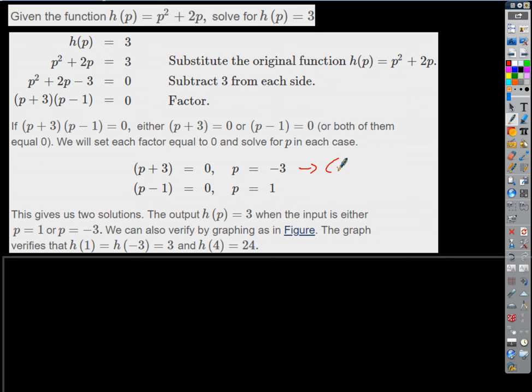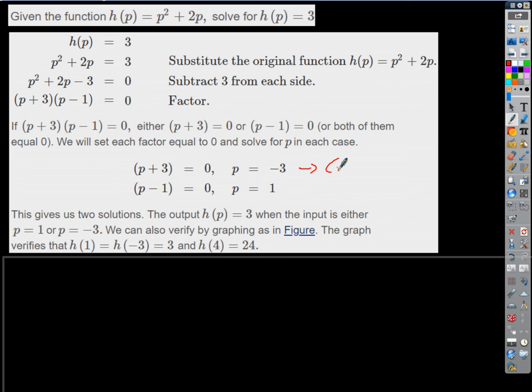Is that right? Is it at 3, negative 3? It's not at 3, negative 3, and it's not at 0, negative 3. Definitely not at 3, negative 0. Negative 3, 0. No.